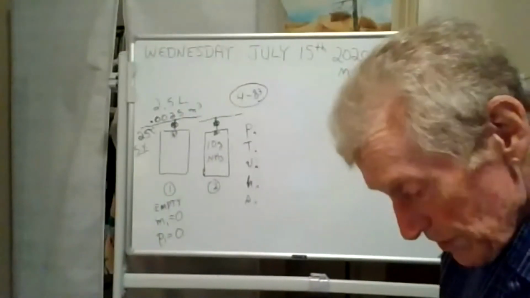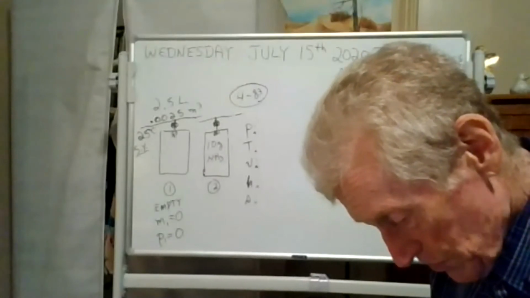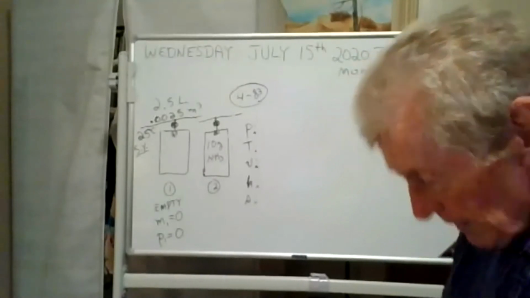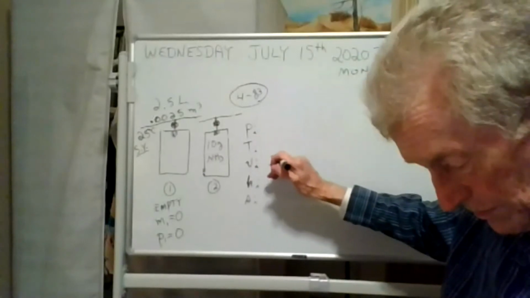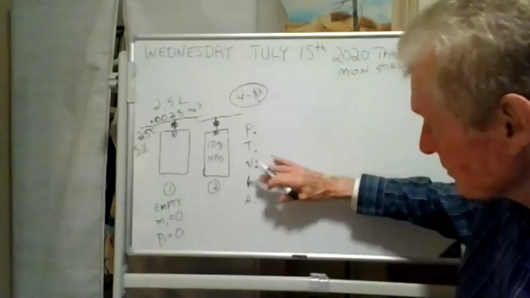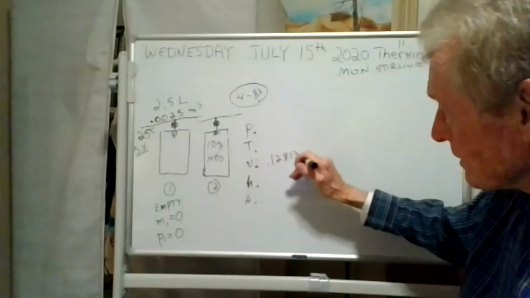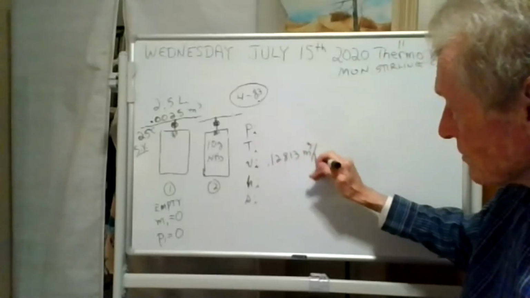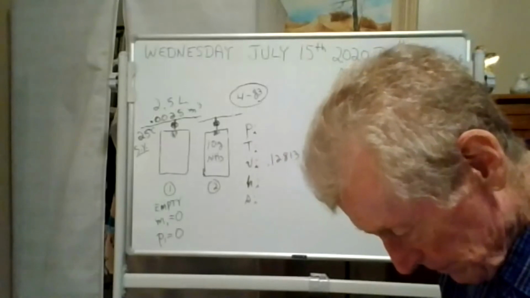At 25 Celsius, coming in as saturated vapor, I get 0.12813 cubic meters per kilogram. See if you can find that.